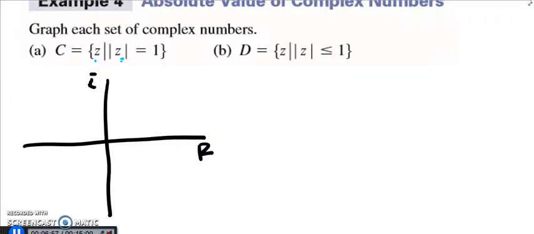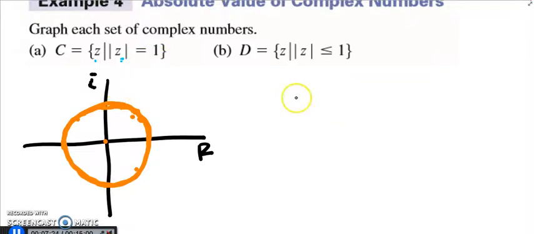Hopefully you know that would be a circle. So from my origin, 1 unit away, 1 unit away, 1 unit away, that would also be 1 unit away. And you could keep doing that and it would be a circle. So what the modulus is telling you is it's your radius. Modulus is telling you how far away it is from the center, which is always going to be your radius. And so that's the answer to A.